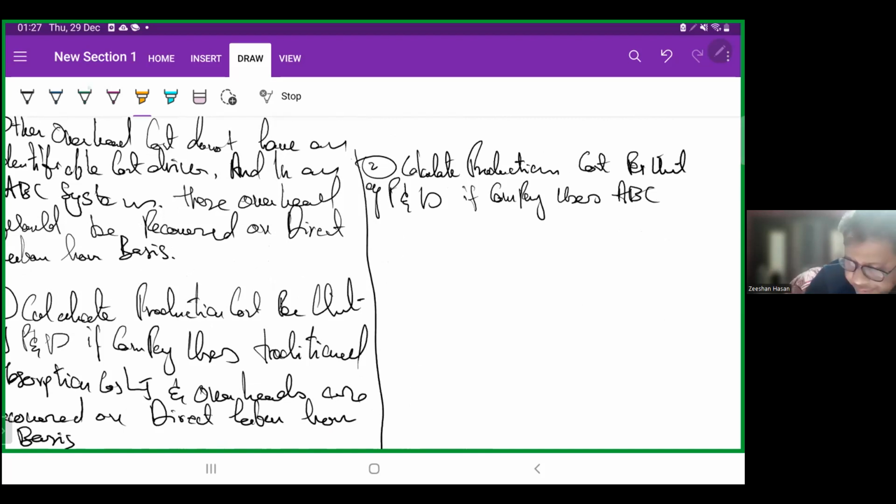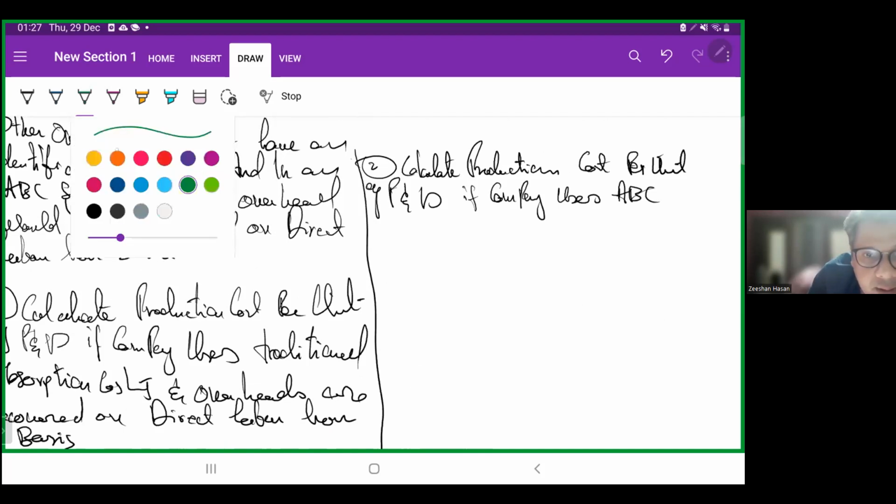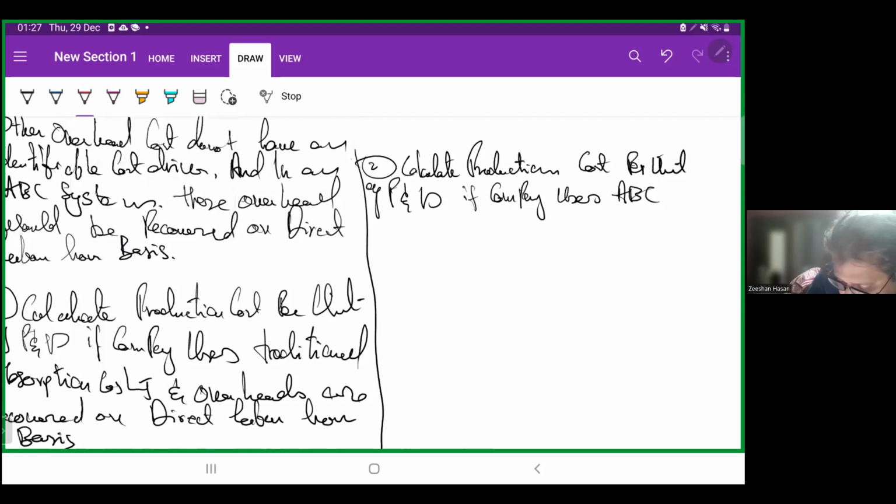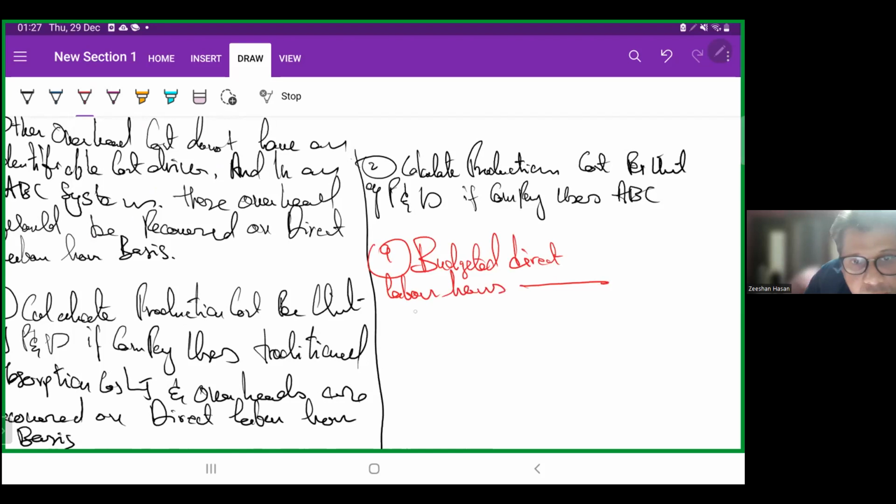So first, part A. Budgeted direct labor hours: 24,000 into 1, and the other product uses 24,000 units into 1.5 per unit.